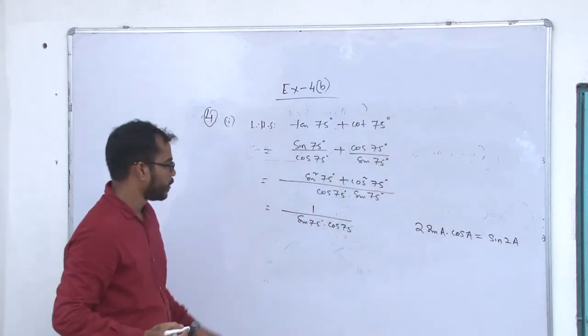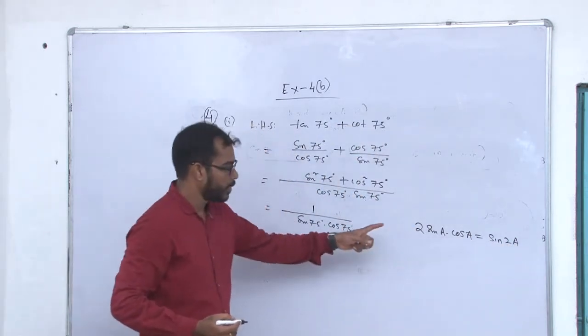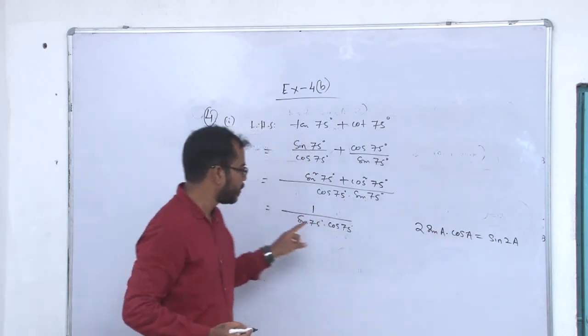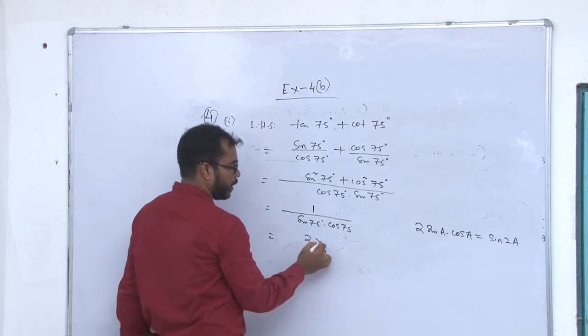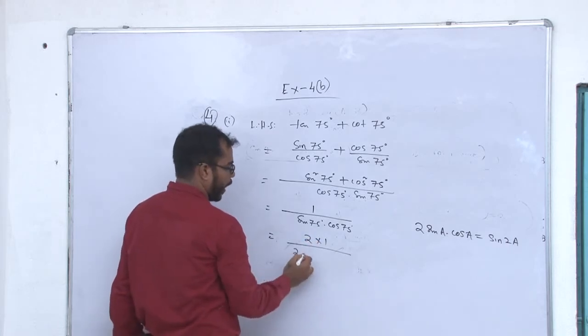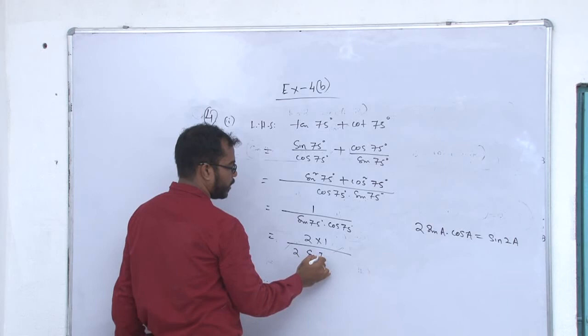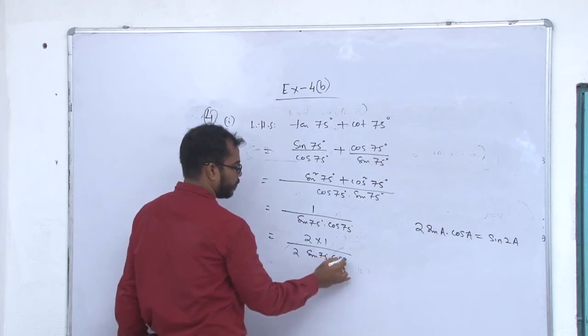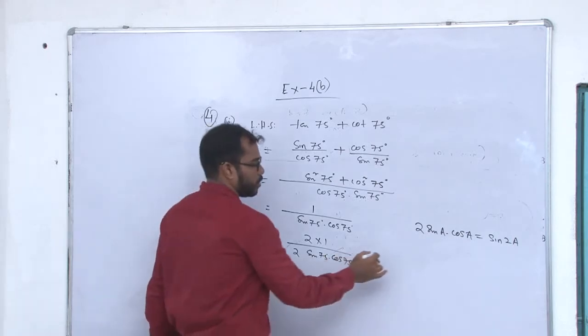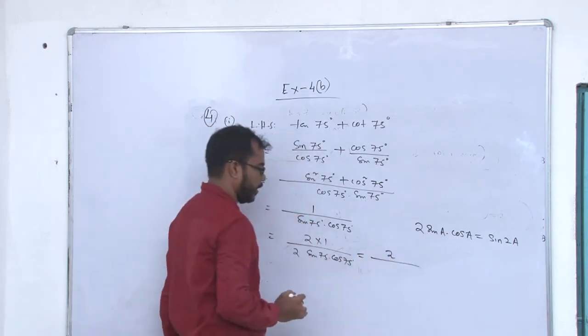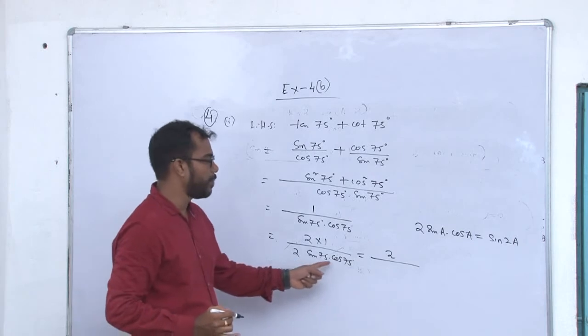But here you can see 2 sine A into cos A, and the missing factor is 2. So we multiply 2 in the numerator and 2 in the denominator. So the result will be 2 by 2 sine 75 into cos 75.